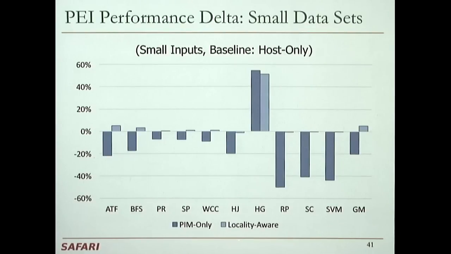But if you actually have a decision mechanism that says, I predict where to execute, and based on that, I execute in the appropriate place, with the small inputs, you don't lose performance for these cases. And in this case, you gain some performance. It turns out this is not small enough, or you get random accesses in this case. So you are almost the same as executing in the CPU, which is you recover the benefits, if you will, or recover the loss.